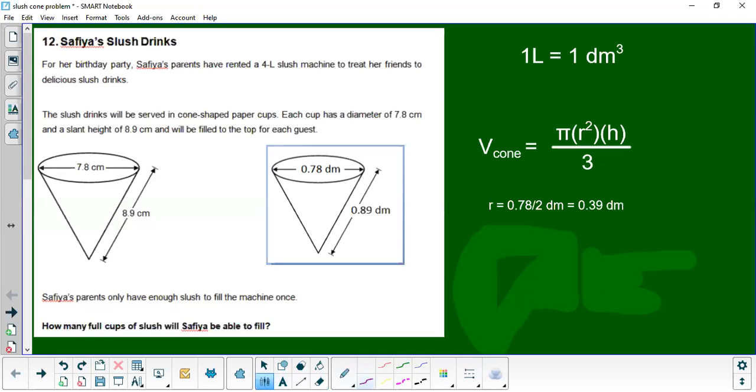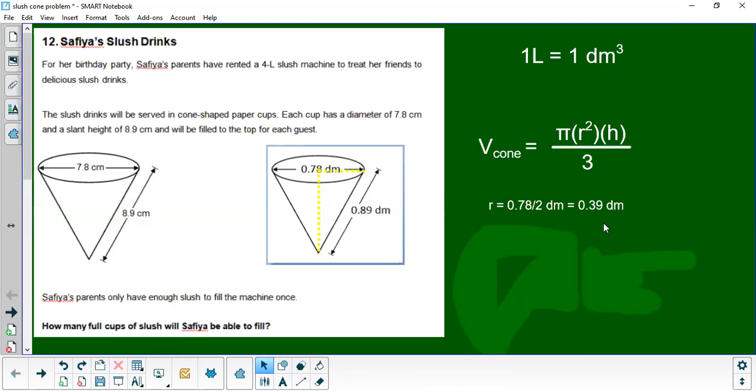For the height, we have to think about it as a right triangle. If we go like this and like that, we have a right triangle, and we have to use the Pythagorean theorem here. What's the formula? This squared equals this squared plus this squared.